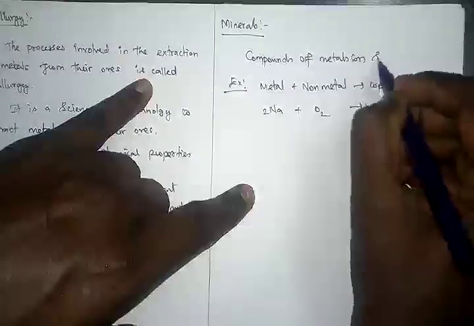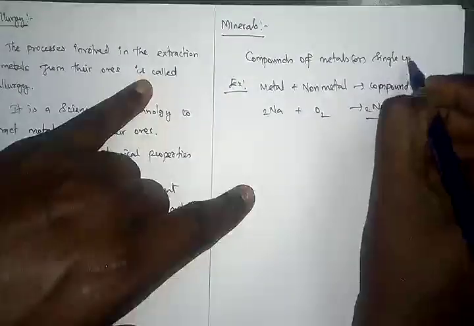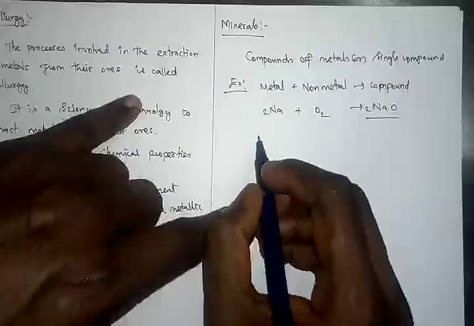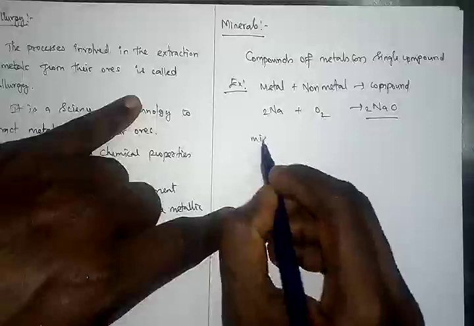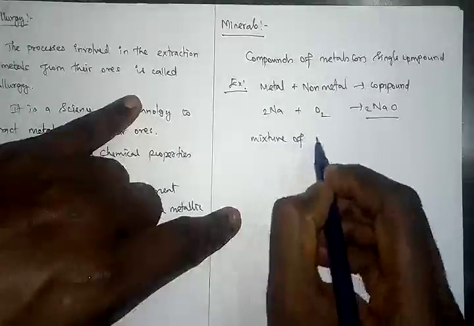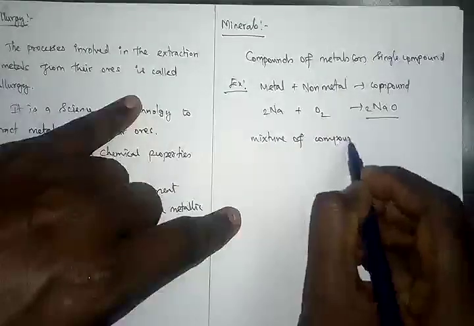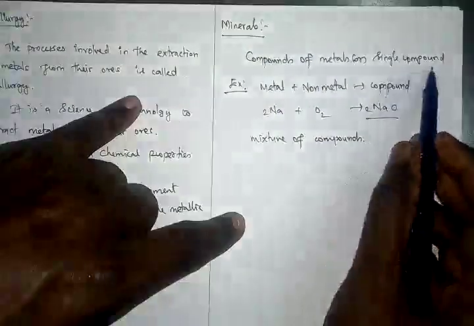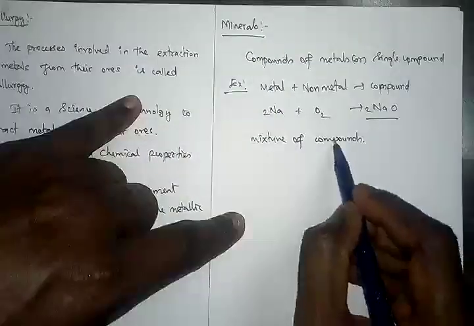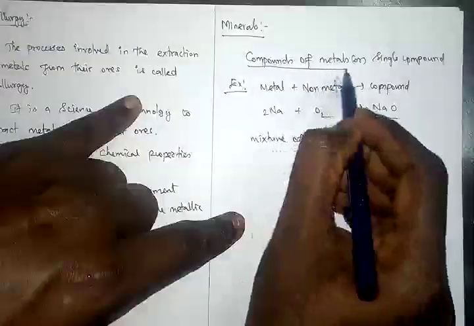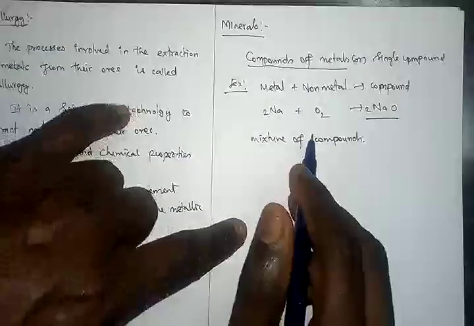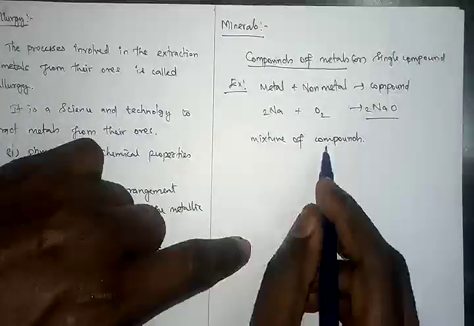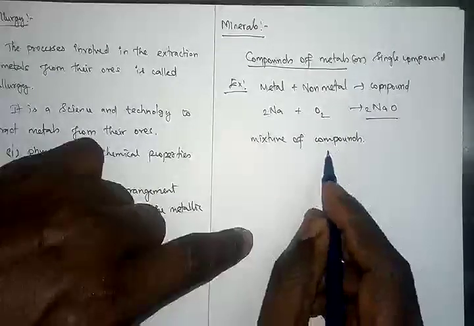It may be a single compound or a mixture of compounds. So minerals are available as single compounds or mixtures of compounds. That's the reason I simply call it a compound of metals. Where is it present? It is present in the earth crust.